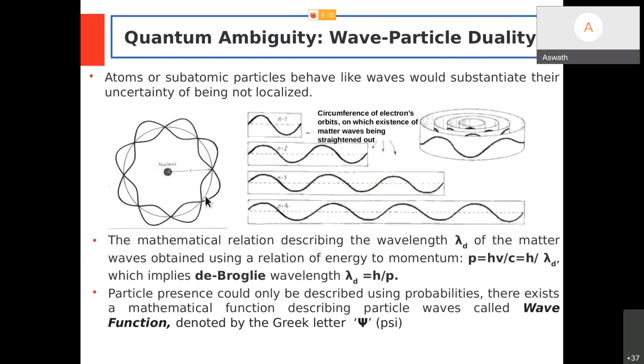For every orbit, if there is an electron, there is some kind of wave associated with that electron. Suppose I have 3 orbits about a nucleus, with 3 electrons revolving in each orbit, so I can have a wave existing in those orbits.